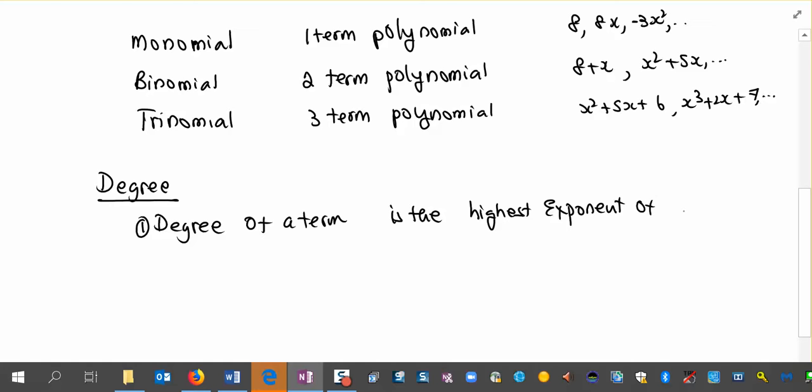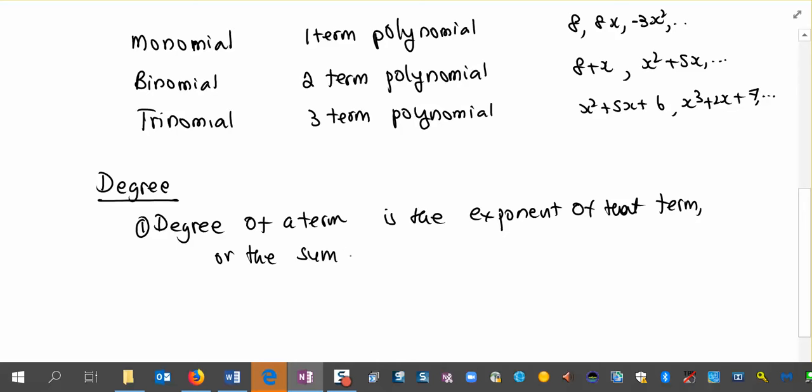Degree of a term is the exponent of that term, or the sum of exponents of that term.